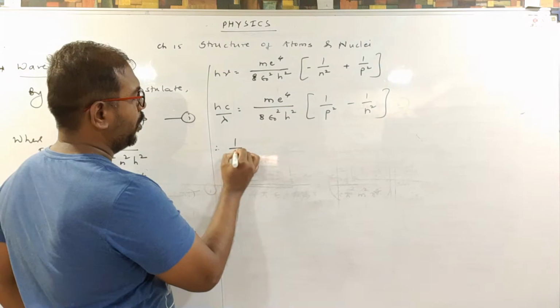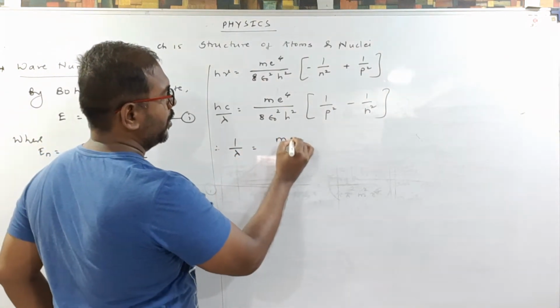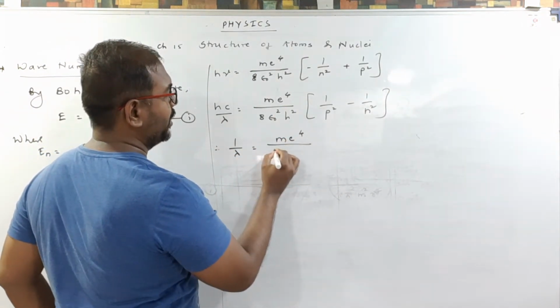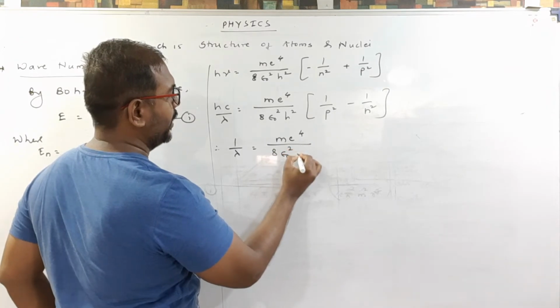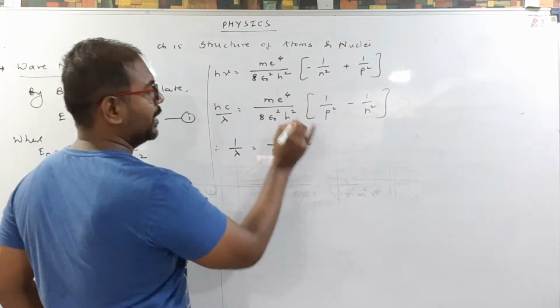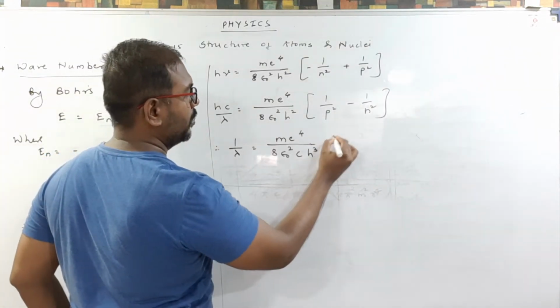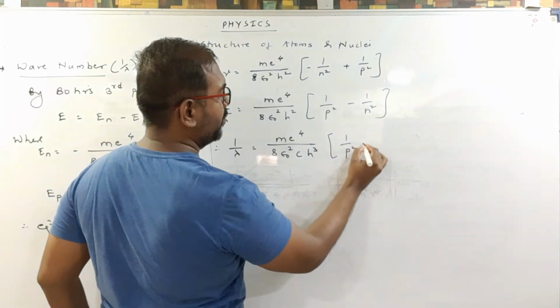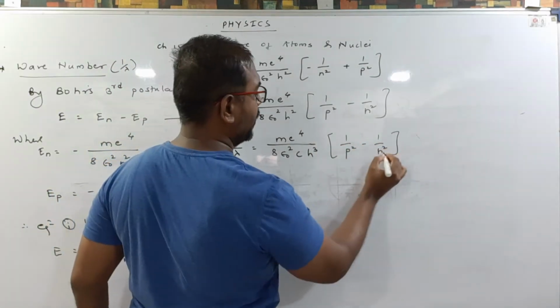Hence 1 by lambda is equal to me raised to 4 divided by 8 epsilon 0 square c h cube, and h square becomes h cube, then in a bracket 1 by p square minus 1 by n square.